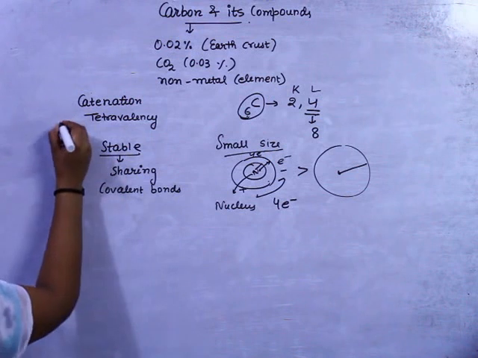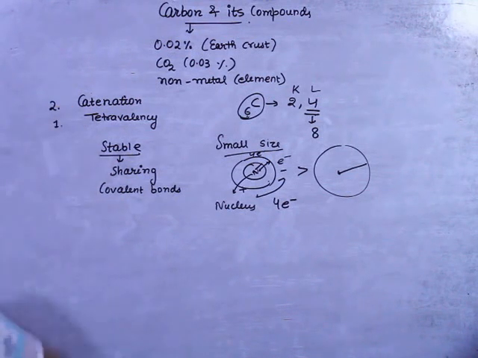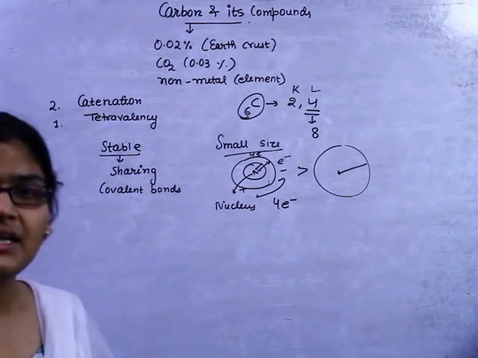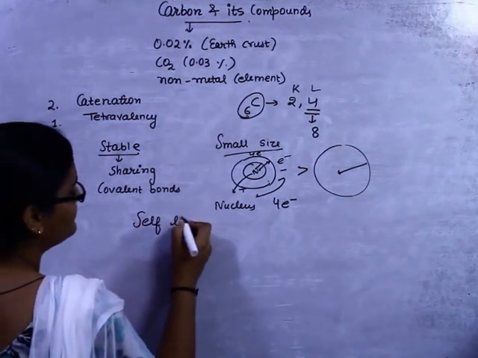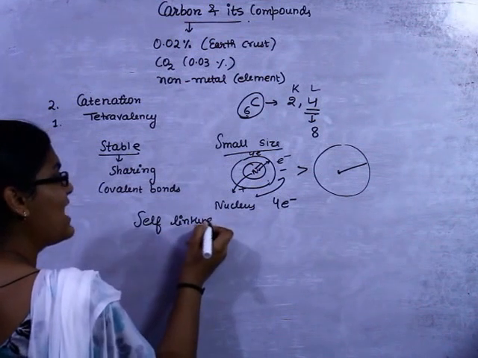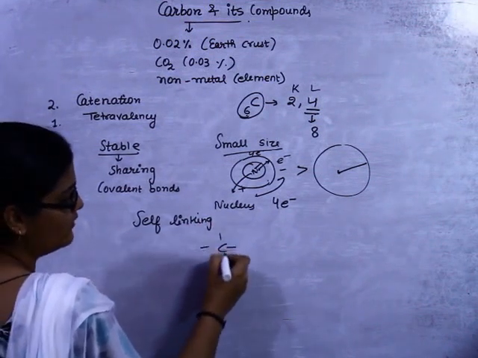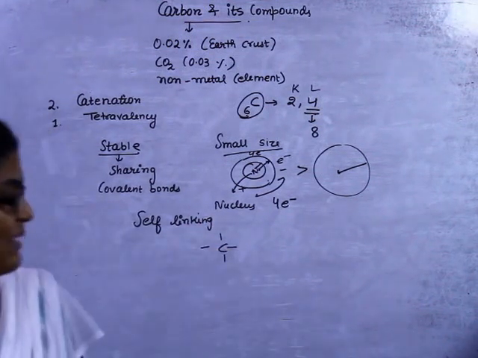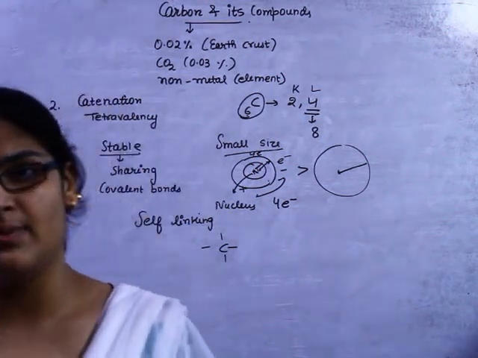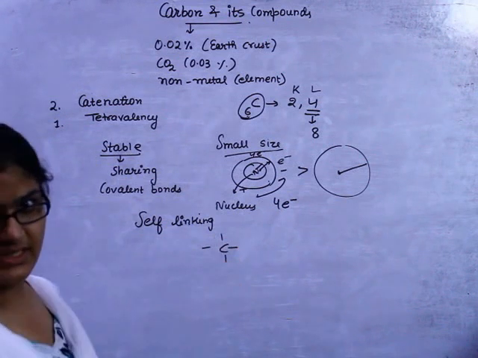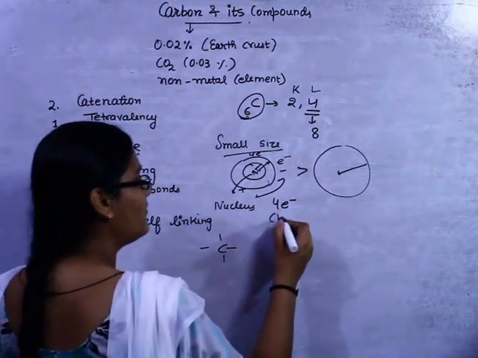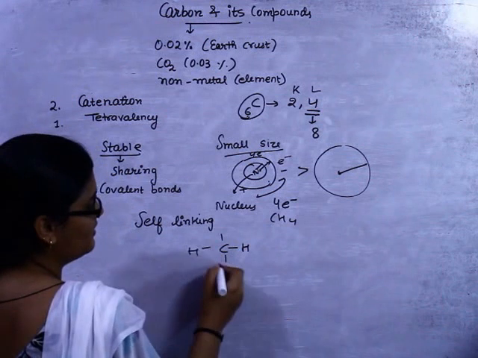Now its second property is catenation. What is it? Catenation is the property of self-linking. Carbon has valency 4, as I told you. So it can combine with 4 other elements which have lower electropositivity than it, like CH4.